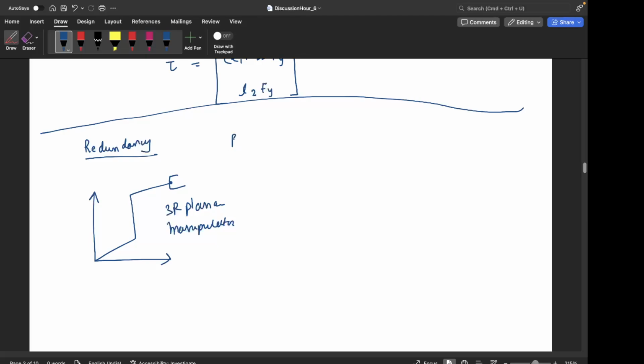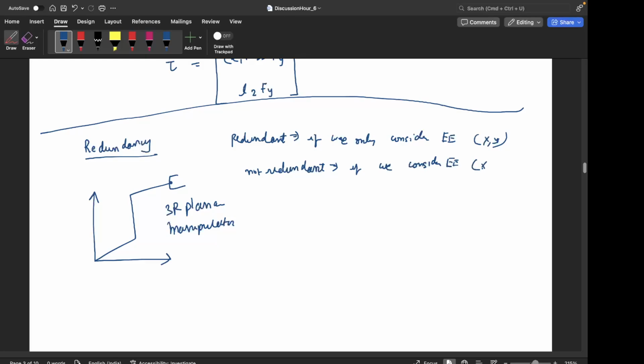So this is redundant if we only consider end effector position x comma y, and this is not redundant if we consider end effector position xy and orientation, that is phi.